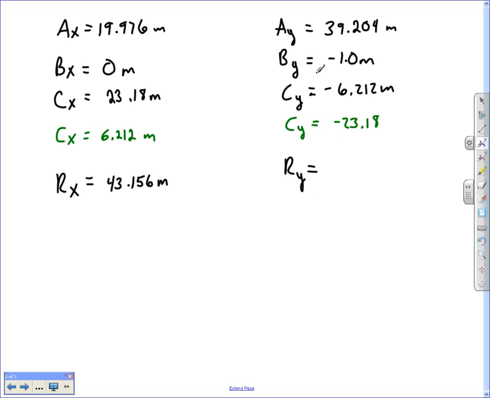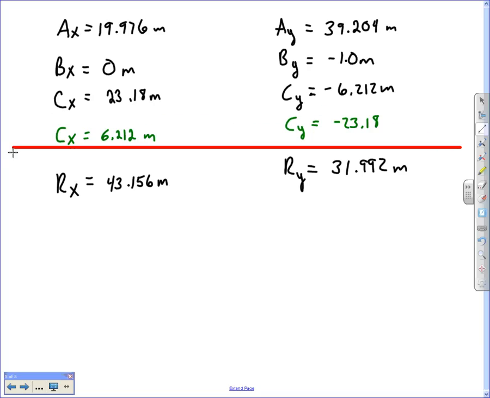Ry is just the addition of all of these, but because there are negative displacements here, they take away from our initial displacement of 39.204. So even though we're adding these, there's going to be some subtraction. Our final Ry component is going to be 31.992 meters.